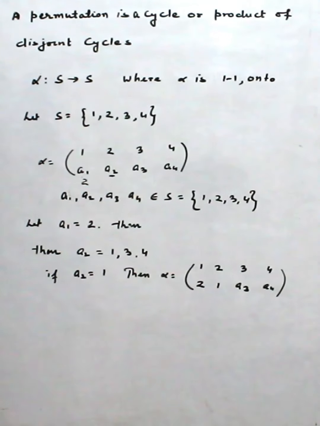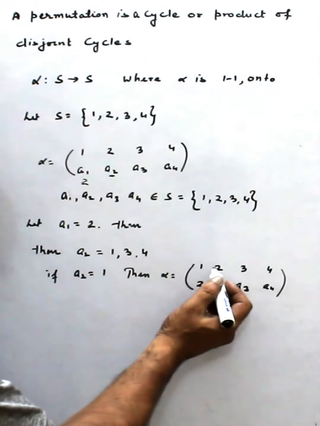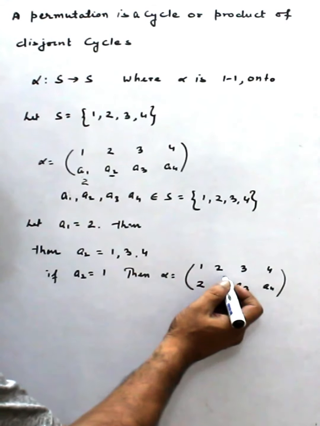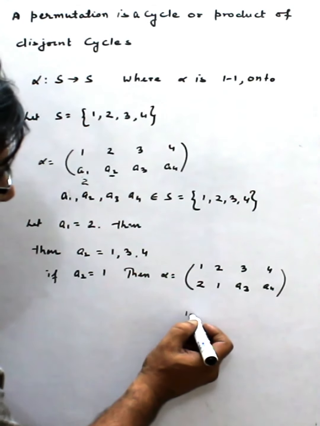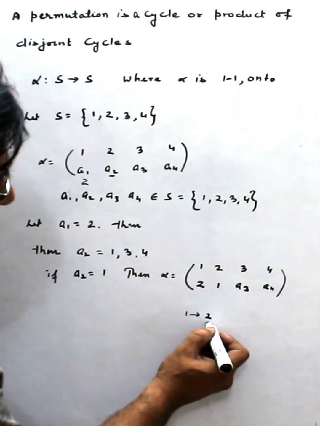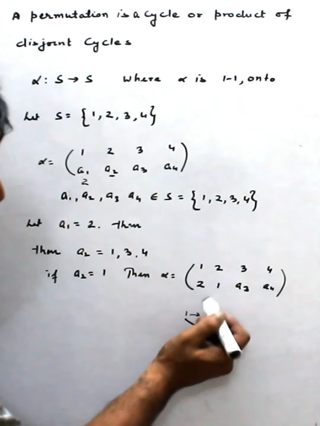Here we notice that one cycle is completed. That means 1 goes to 2 and 2 goes to 1. So one cycle is completed.